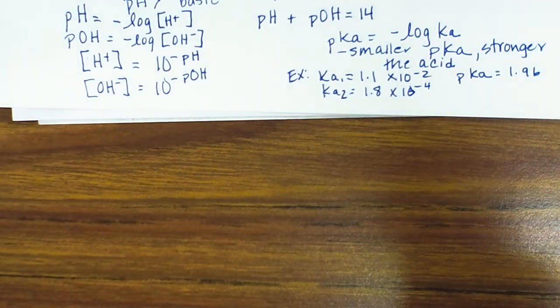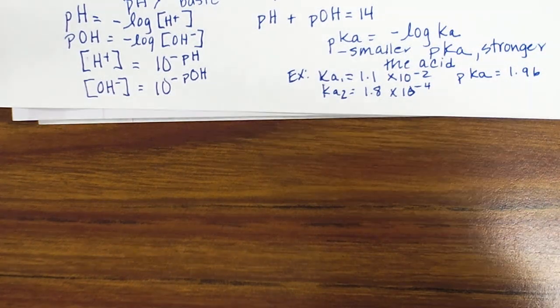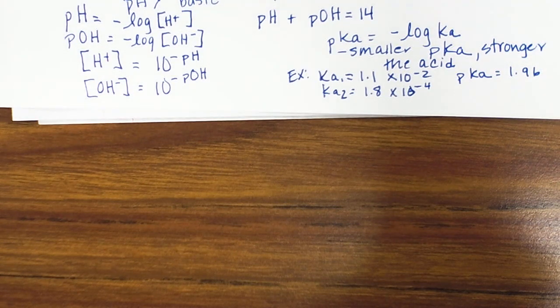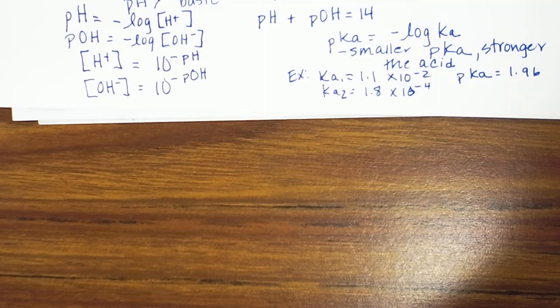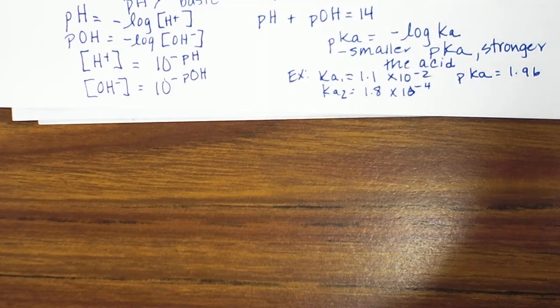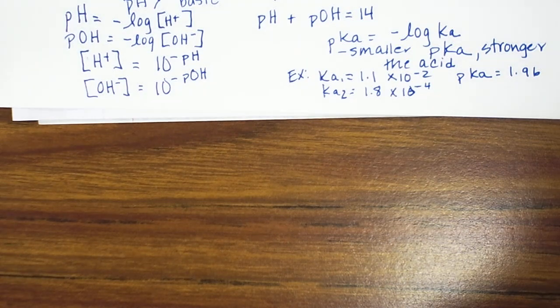Ka1 is indicating a stronger acid because it is a higher Ka, it is indicating a greater dissociation to hydrogen and the conjugate base. So it's moving more toward products because the Ka is higher.